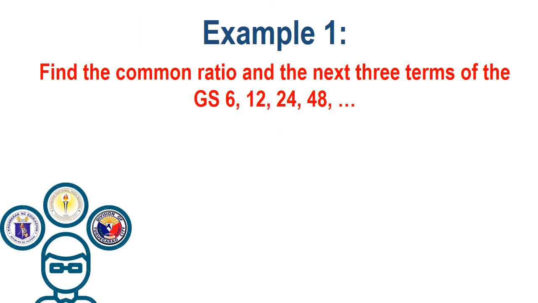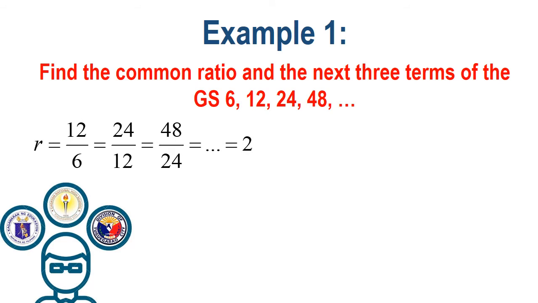Let us try our first example. Find the common ratio and the next three terms of the geometric sequence 6, 12, 24, 48, and so on. To find the common ratio, divide the second term by the first, or the third by the second, or the fourth by the third, and so on.